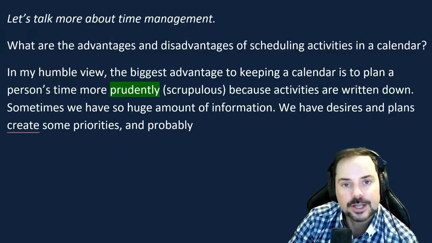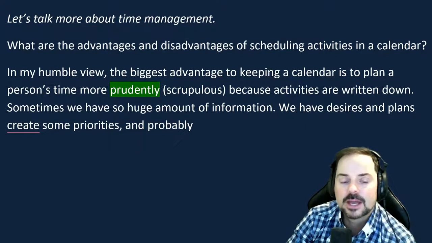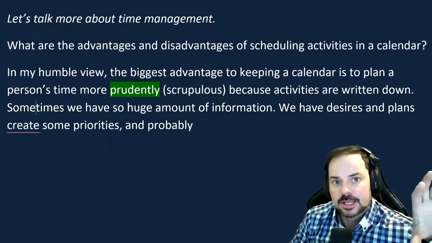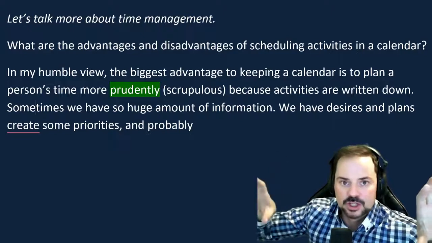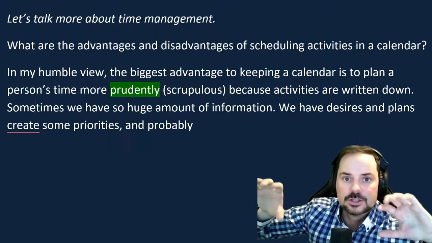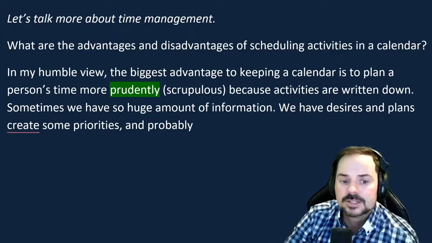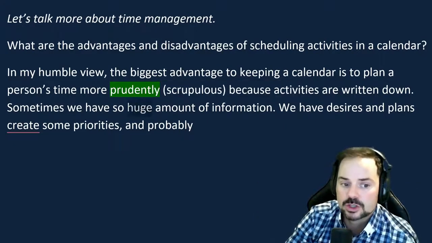Since your English is quite good and you have all this vocabulary, Alexander, start to really work on differentiating casual English from professional English. And that means separating this concept of you and we, or even separating words like huge. You said sometimes we have a huge amount of information.